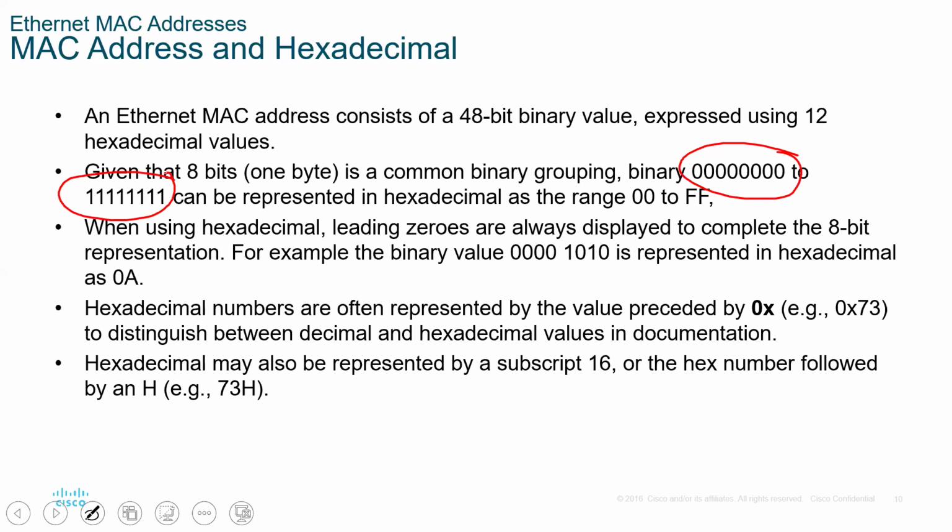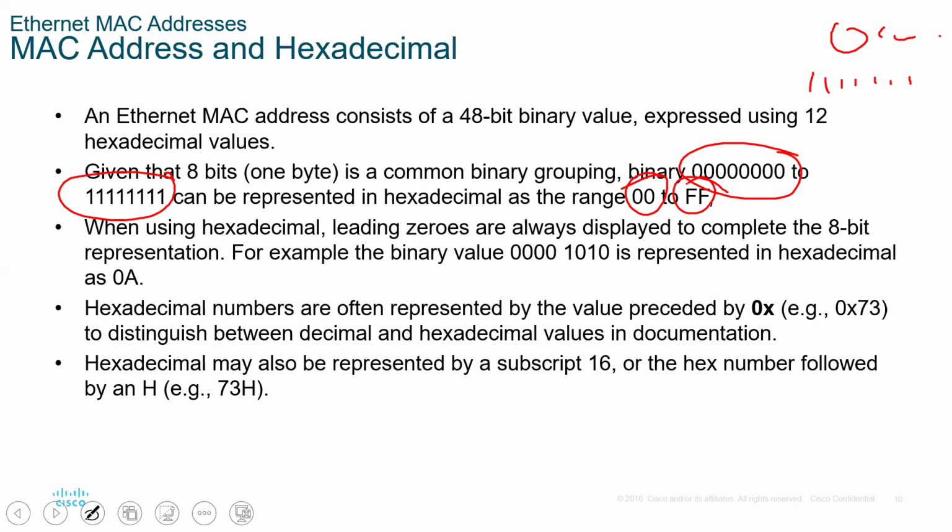The minimum value is 0. The maximum value in binary is 11111111 in 8 places. So in hexadecimal, this 00000000 in 8 places is 00. And the 11111111, if you convert it to hexadecimal, you will get FF.